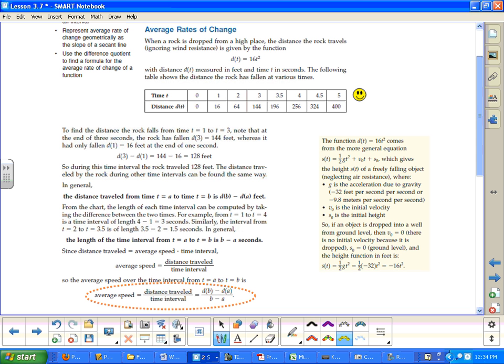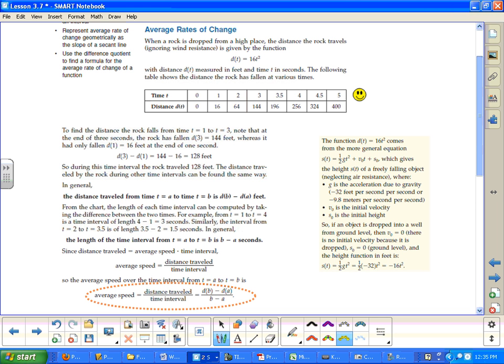If we want to find the distance the rock falls from time 1 to time 3, we can just put 1 in for t and 3 in for t, and then subtract those numbers. So it falls 128 feet from 1 second to 3 seconds.